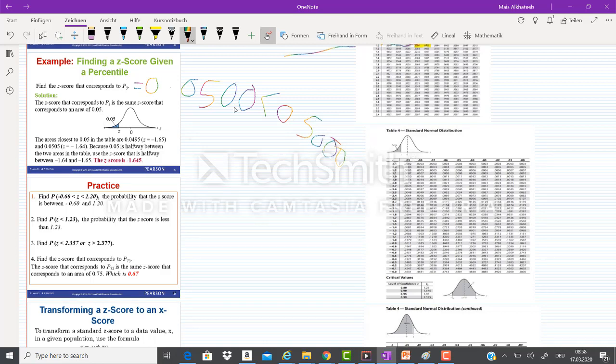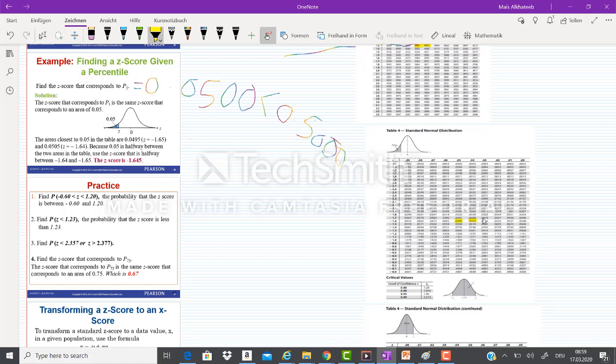If I go now to the negative table, I will search for 0.0500. In the negative table you will not find it exactly, but I could find the value 0.0505, and another value which I find at 0.0495.